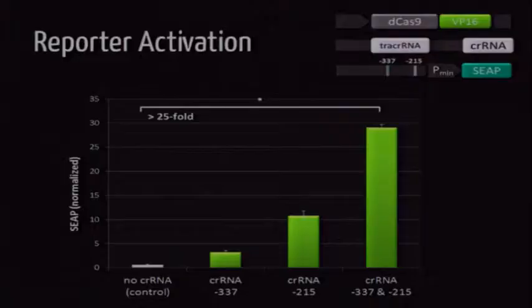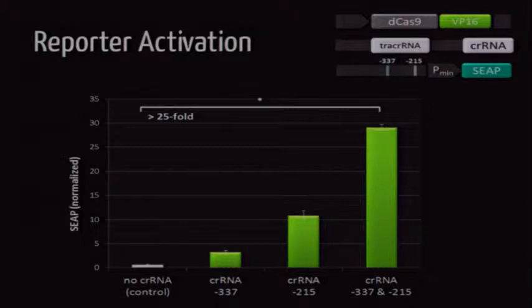And the first thing we did was to transfect plasmids for the protein, the reporter plasmid, but no RNA at all, to see what is the basal level of our reporter. Well, then we started targeting our Cas9 VP16 to different loci in front of the promoter by transfecting RNAs that were complementary to the sites. And we achieved an increase of 3-fold or even 10-fold in comparison to basal level.